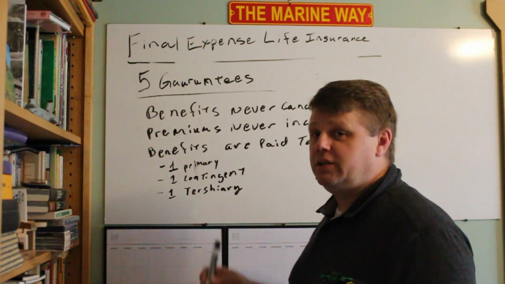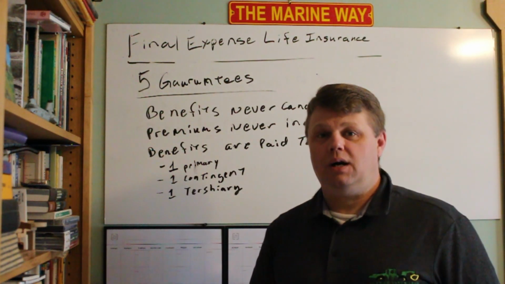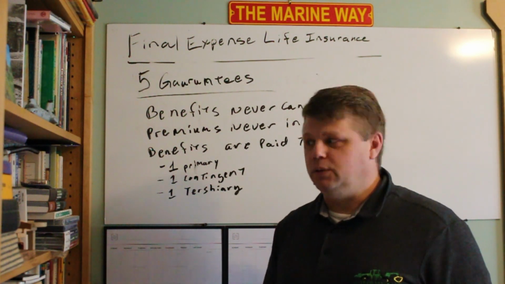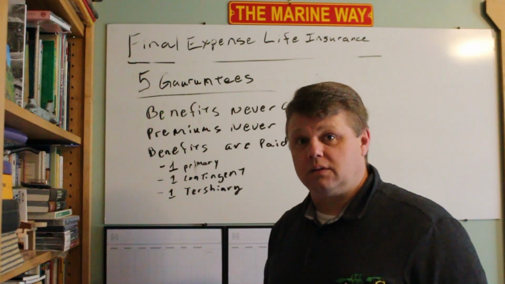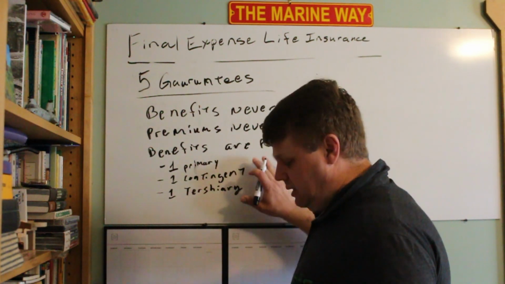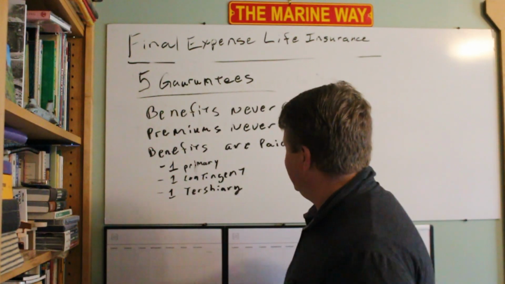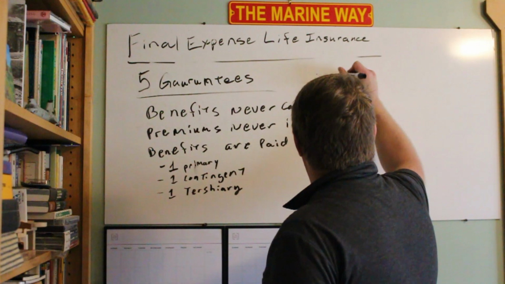The last one, the tertiary, is in the event that both your contingent and your primary happen to pass away prior to you, or in a car accident, something like that. So we want to make sure that the people that you intend to have receive the money can have it. That's why we pick 3, or we suggest 3. Right? The next one is that it builds a cash value.